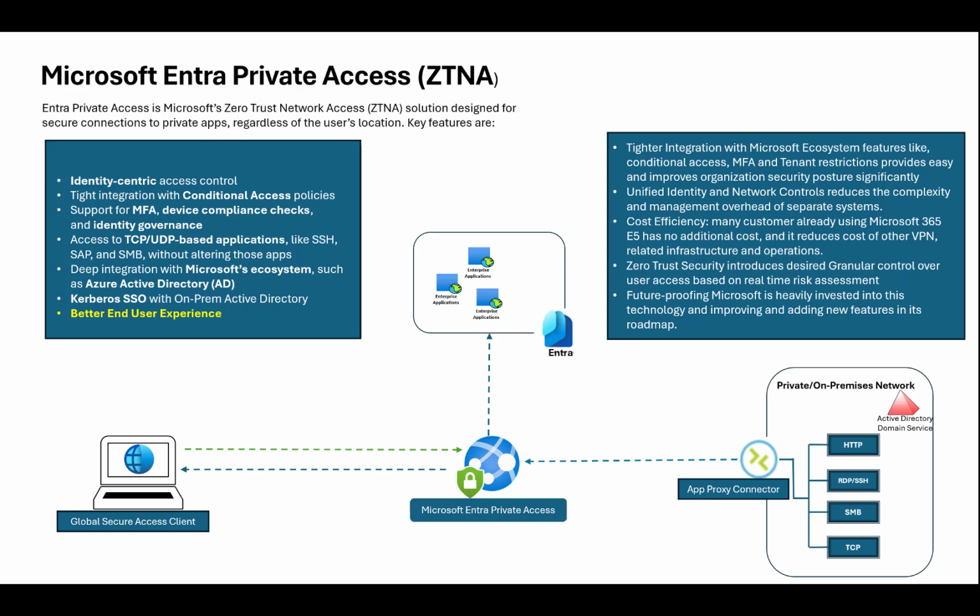So even the other products that you have available in the market, which are some of the leaders in this world, I think I'm not fully aware of their licensing model, but I think they are more expensive than $12 a month, even if you have to buy a new subscription for Entra Private Access, right?